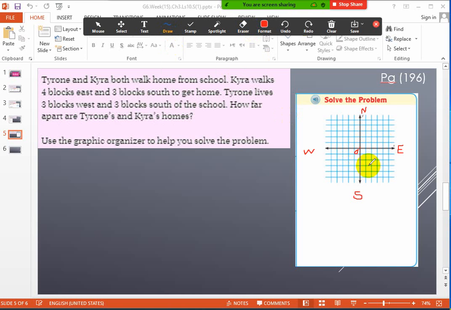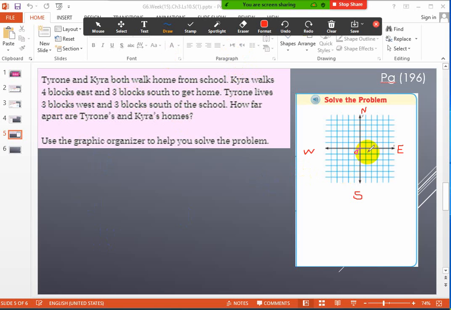Now I will locate the points according to what is mentioned in the problem. He told me that Kyra first walks 4 blocks east, 3 blocks south. So I have to move here.